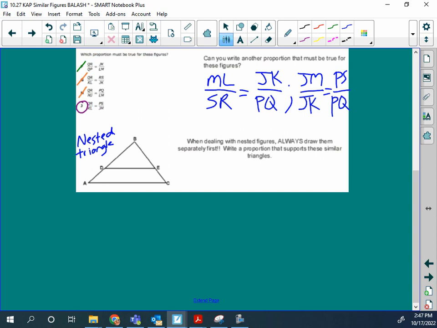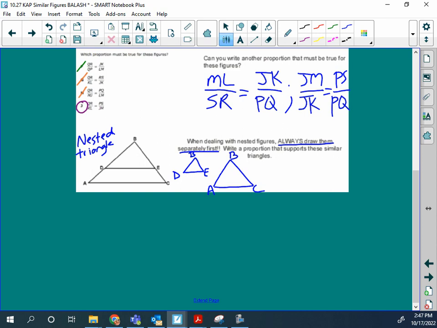When dealing with nested figures, always draw them separately first. Then write a proportion that supports these similar triangles, okay? So what I mean is draw 2 different triangles, unnest them. Label BDE, BAC, okay?